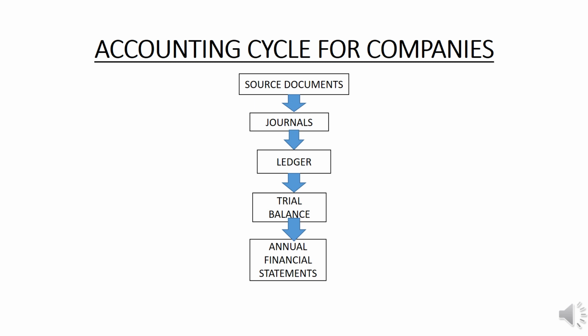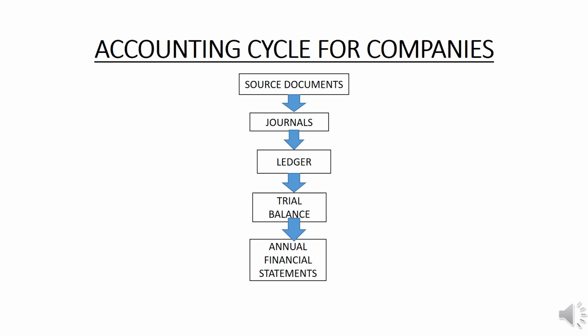Then at the end, we will need to determine whether we have made a profit or a loss. A profit is distributable to the shareholders. The loss is also shared by the shareholders.